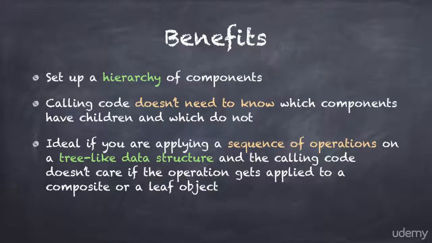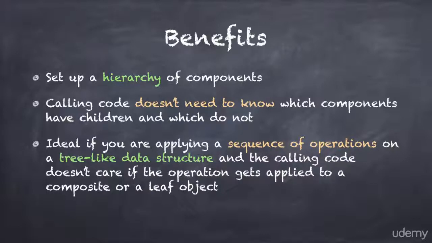This effectively hides the complexity of the data structure from the outside world. The composite pattern is ideal if you are applying a sequence of operations on a tree-like data structure, and your calling code doesn't care if the operation gets applied to a composite or a leaf object.